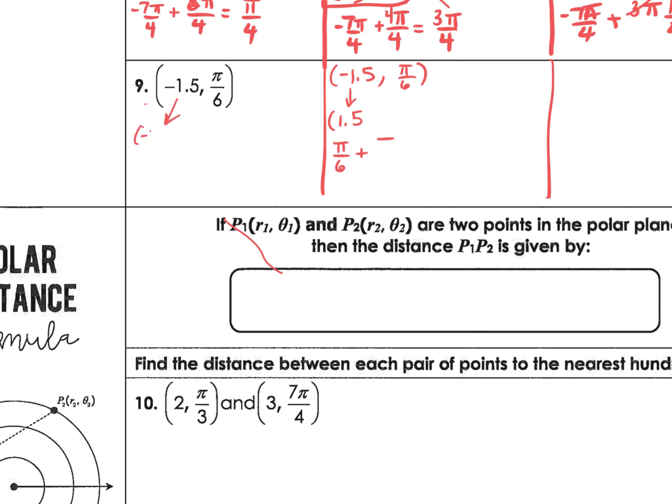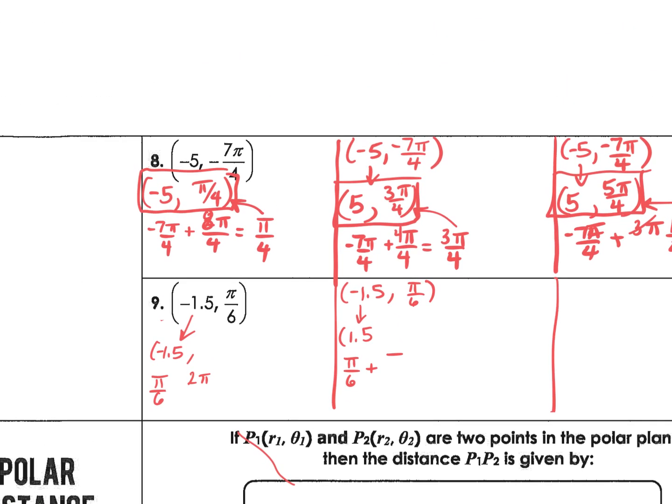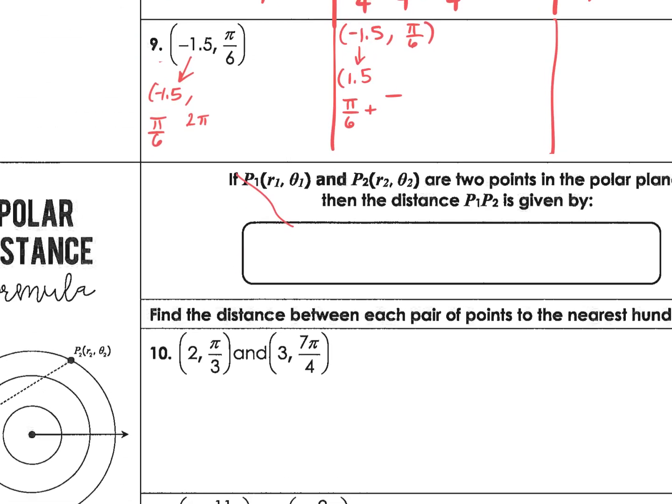Keep this negative 1.5. Take pi over 6 and add 2 pi to it. If I add 2 pi to it, it's going to be greater than 2 pi, so guess what I have to do? I have to subtract 2 pi from it. So just like we did here, we added 2 pi, it worked, but now we can't do that with this one since it's positive. We have to subtract 2 pi from it. 2 pi would be 12 pi over 6, so this actually makes it negative 11 pi over 6. That's what goes here.